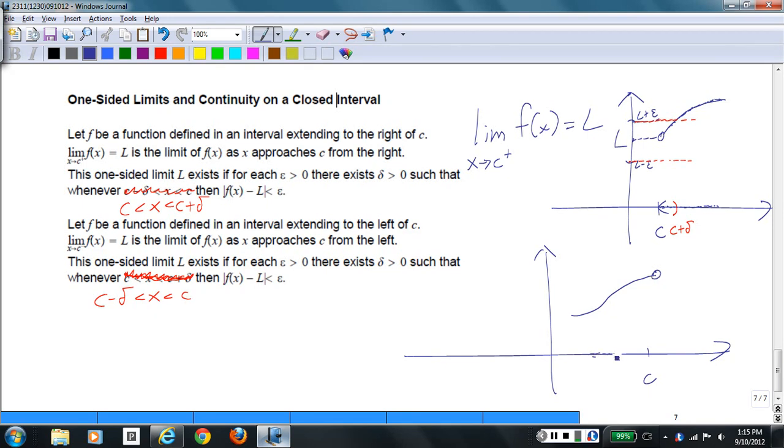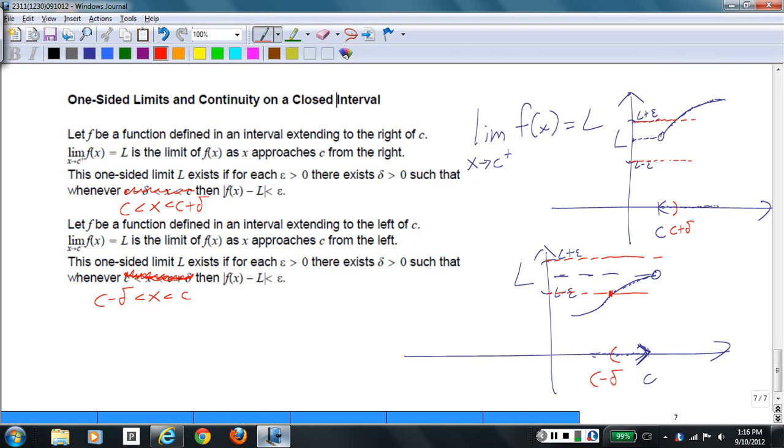As x approaches c like that through values that are less than c, if we look at the corresponding points on the graph, then they're going to be approaching this number L. So if we look at L plus epsilon and L minus epsilon, and extend these horizontal lines like this and like this, okay, that's kind of a key point there. I want to choose a delta, maybe right here, and call that c minus delta.